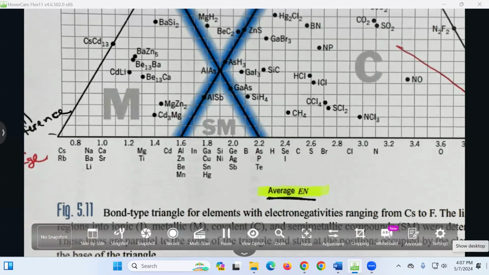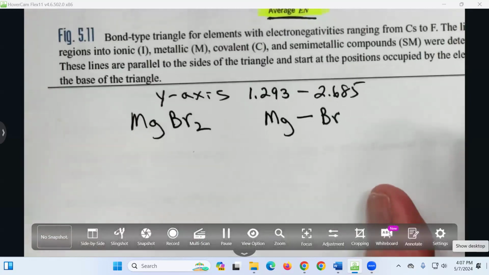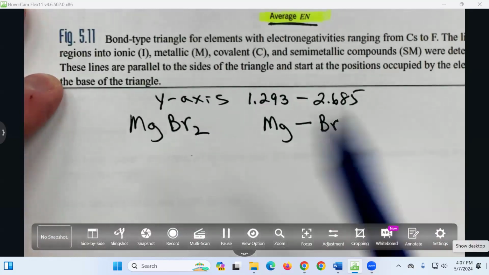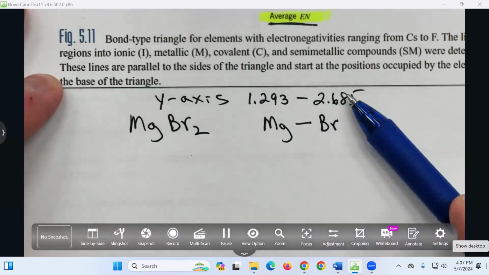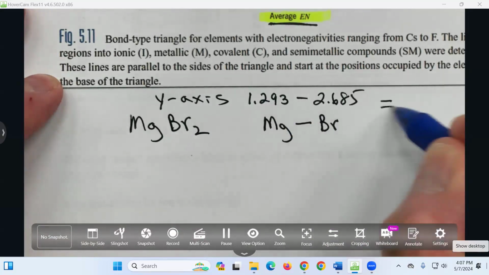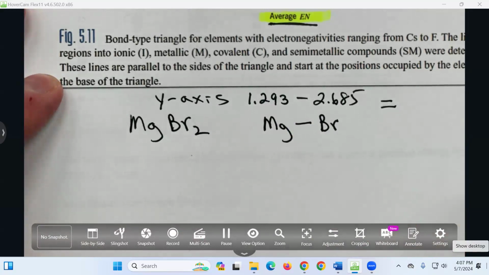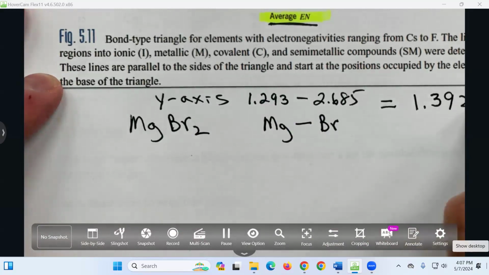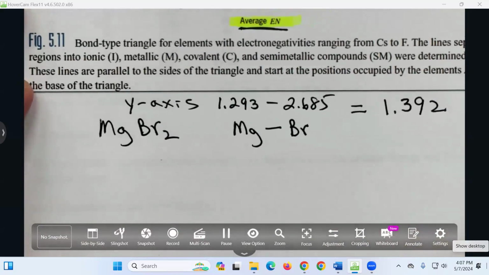It doesn't matter, we're just going to get a difference here. 1.293 for magnesium, 2.685 for bromine. We're going to do the absolute value of that. So our difference is 1.392, right around 1.4.